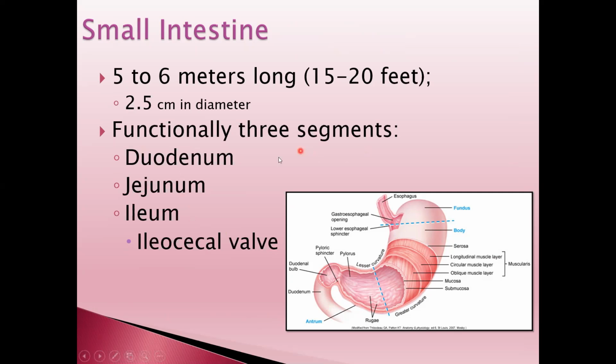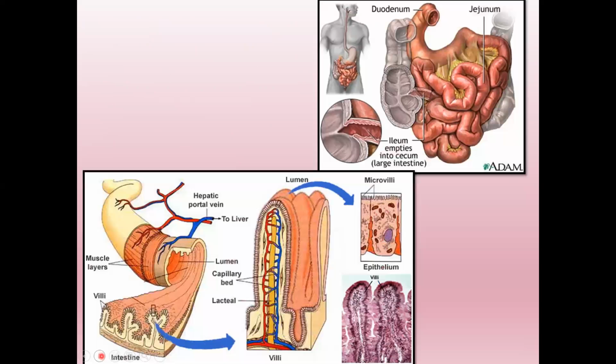There are 3 functional segments of the small intestines: the duodenum, then the jejunum and the ileum. And then the valve that goes into the large intestines is the ileocecal valve. This picture I just want to show you right here. We have your duodenum, and then it goes into the jejunum. And then here is the ileum.